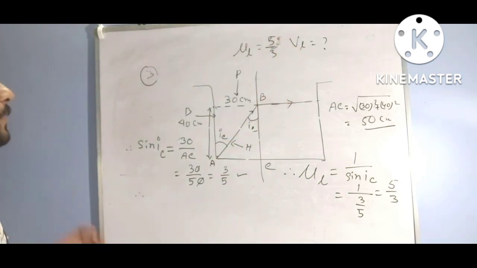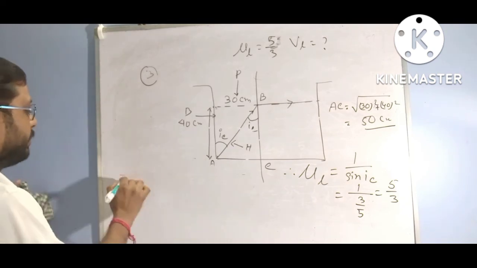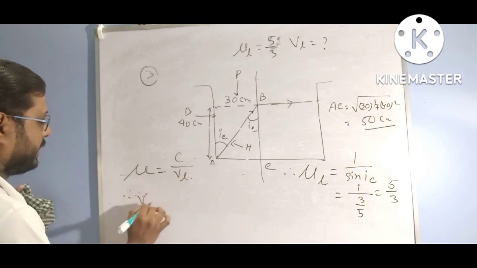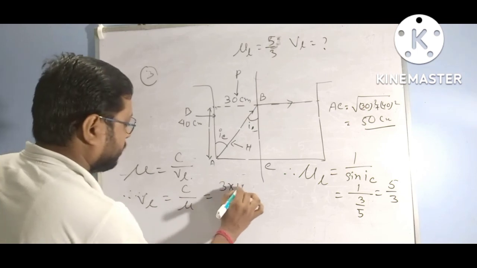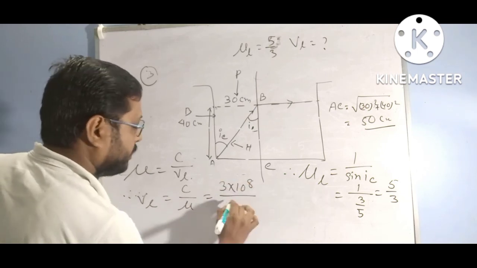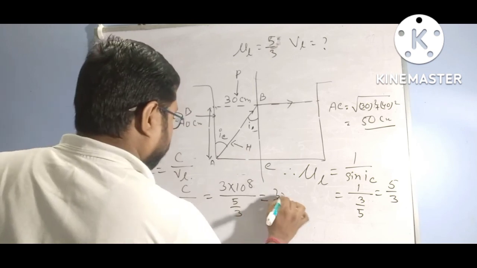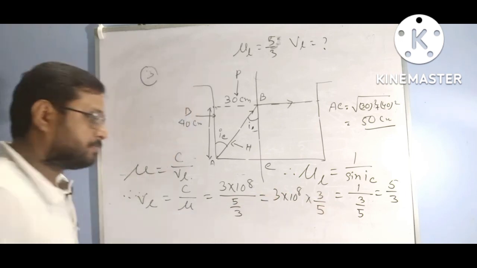Now what is the value of velocity in that liquid? We know that mu equals C by VL. Therefore VL equals C by mu, that is 3 into 10 to the power 8 divided by 5 by 3, so 3 into 10 to the power 8 into 3 by 5.